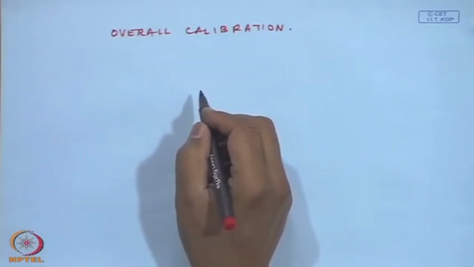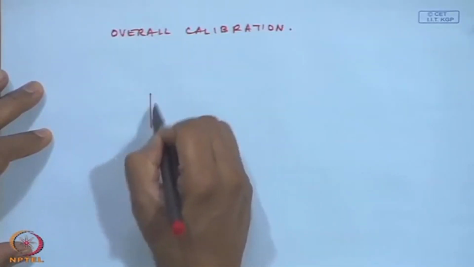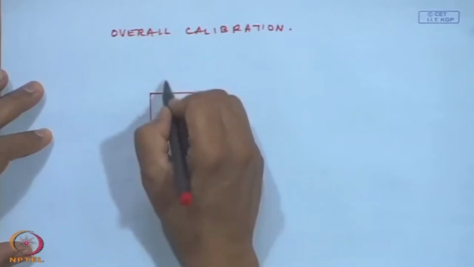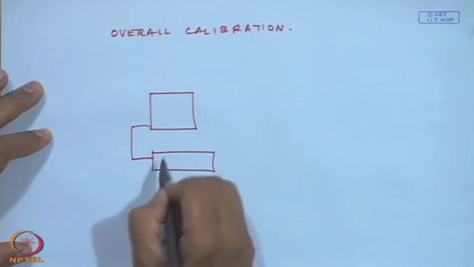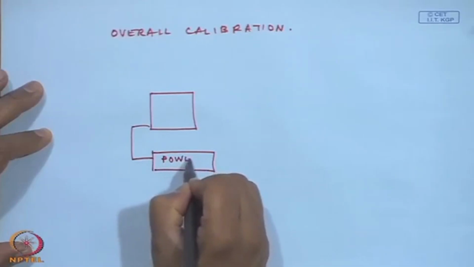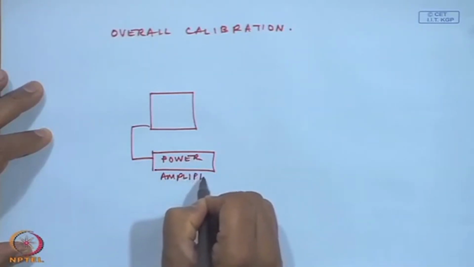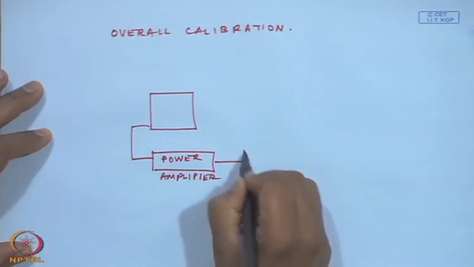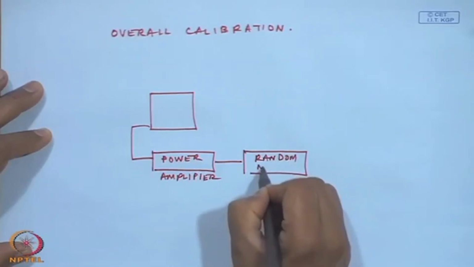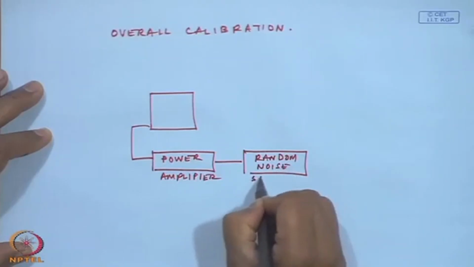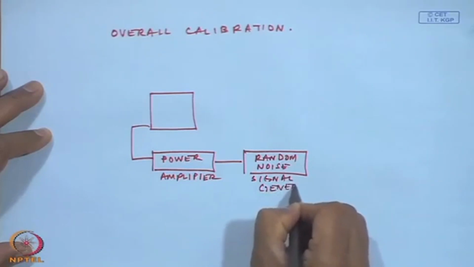In the lab, you can put a power amplifier, a random noise signal generator.